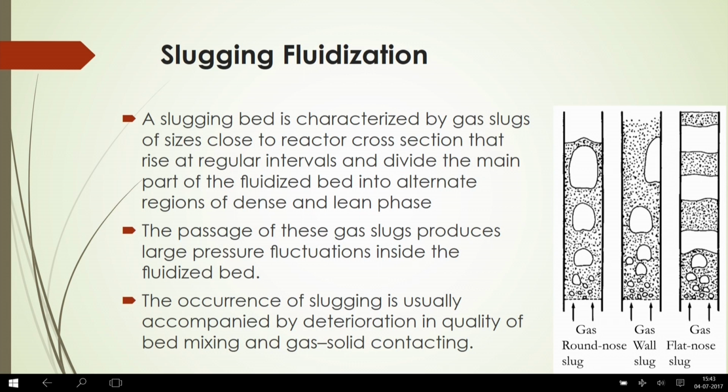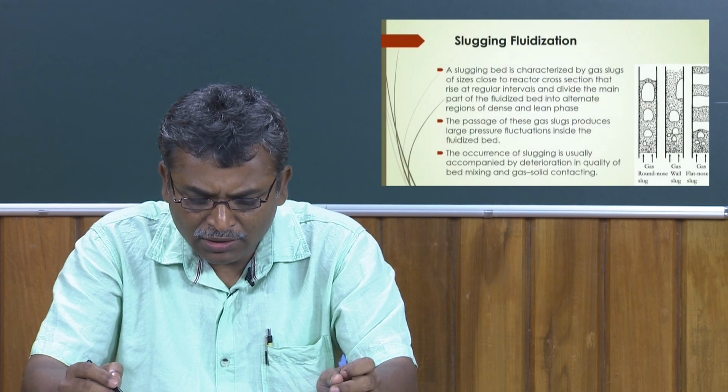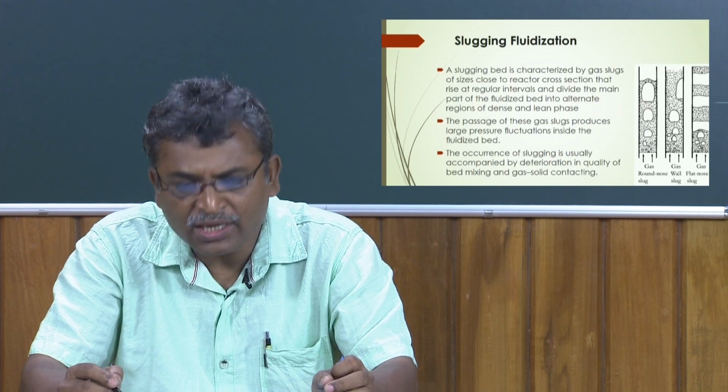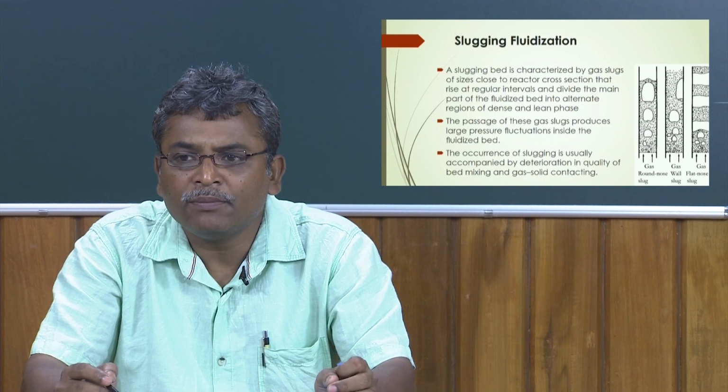In the picture you will see that a slugging bed is characterized by gas slugs of sizes close to the reactor cross section, at regular intervals, which divide the main part of the fluidized bed into alternate regions of dense and lean phases. The passing of these gas slugs produces large pressure fluctuations inside the fluidized bed.